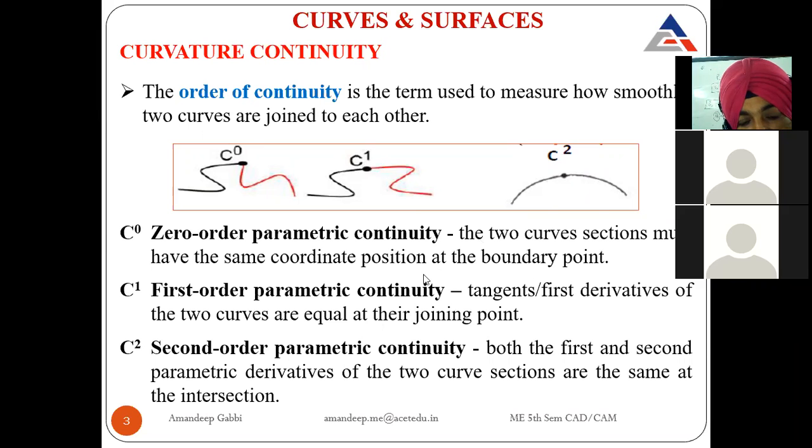Similarly, whether it is two curves or a single curve, if the continuity is of such order, then we call it second order parametric. Both the first and the second parametric derivatives of the two curve sections are the same at the intersection. You cannot judge whether these are two curves or a single curve. Then that continuity is called second order parametric continuity. I hope you have understood this.